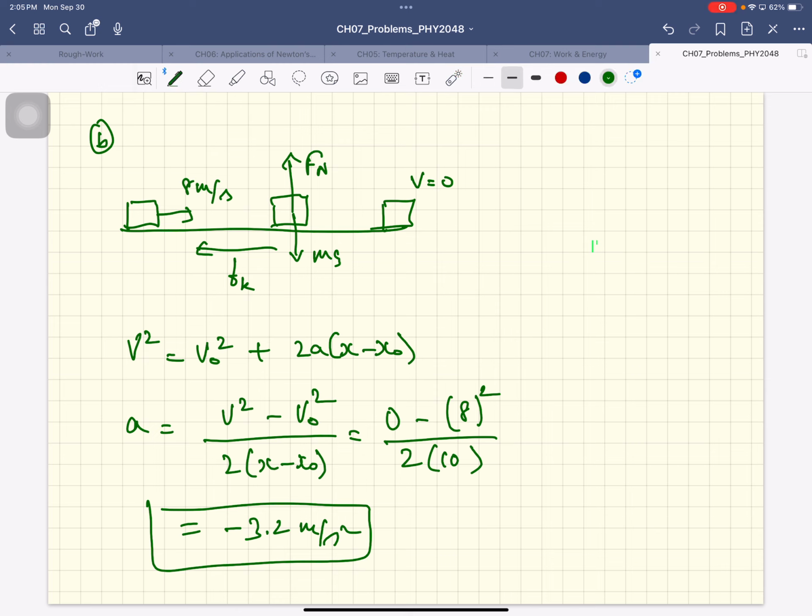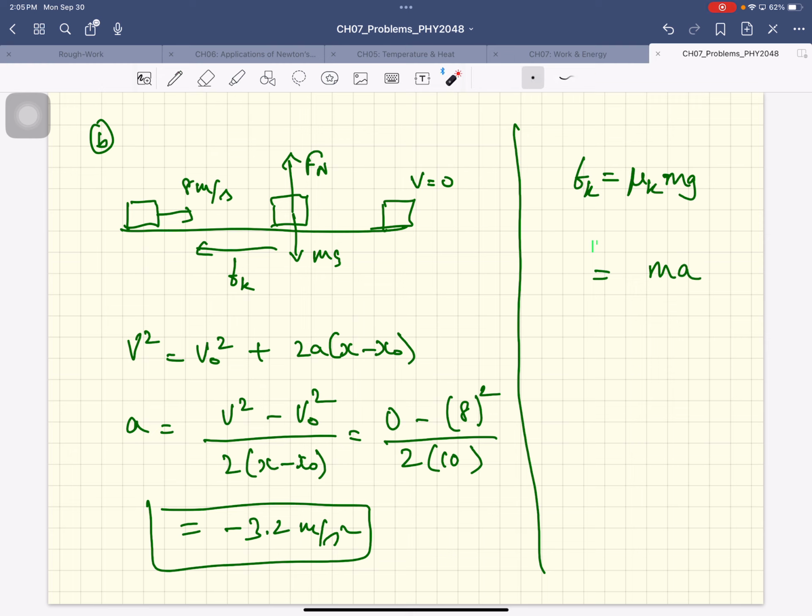All right, so friction force was the only force acting in this direction, and the acceleration was that. So the magnitude of the friction force is equal to mass times the acceleration. The mass cancels.